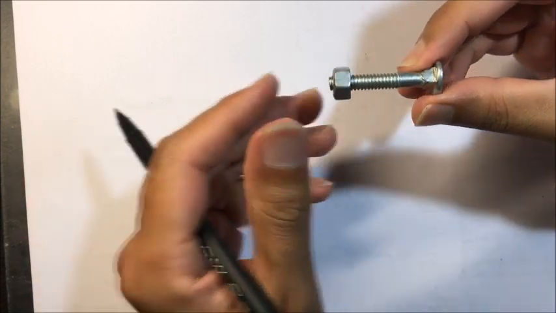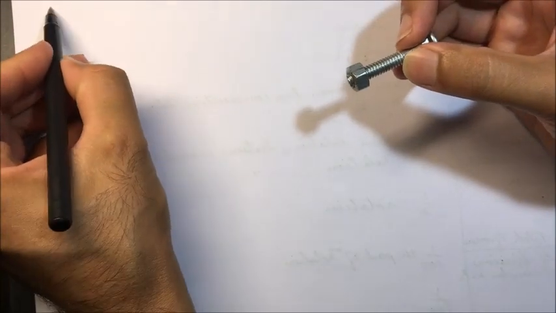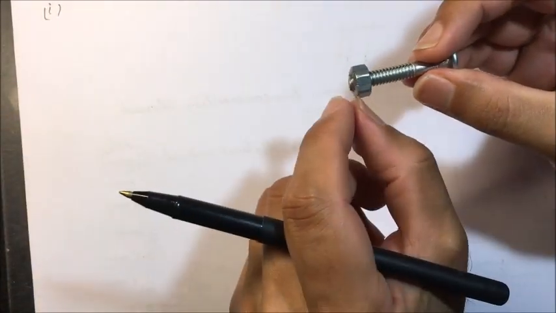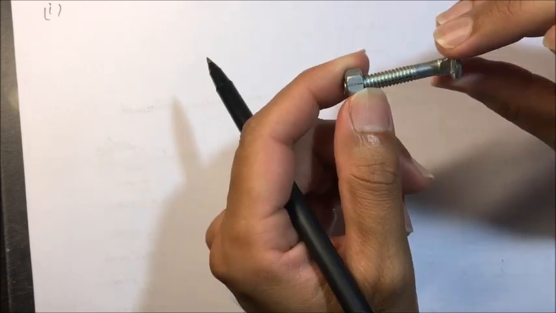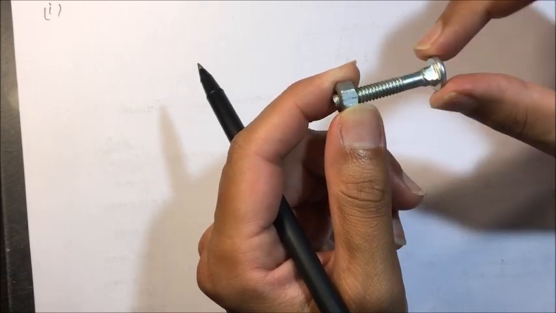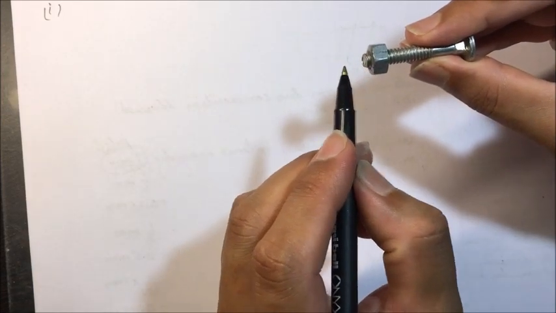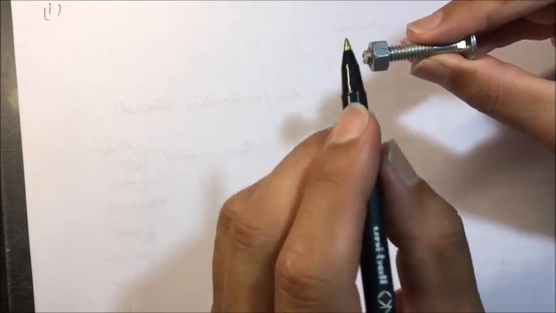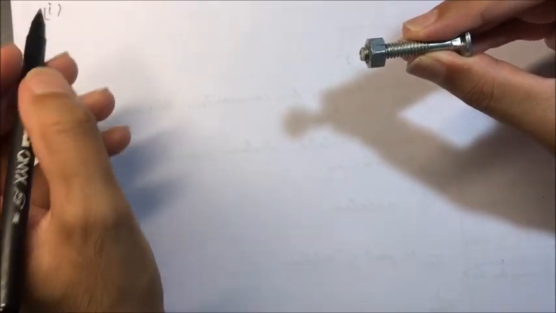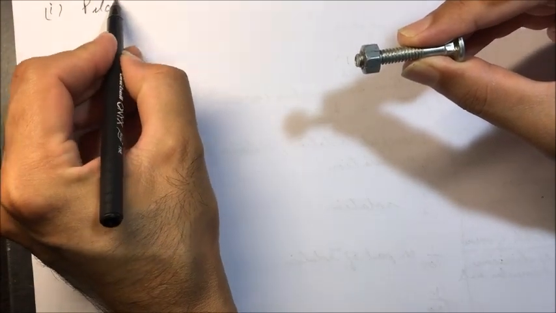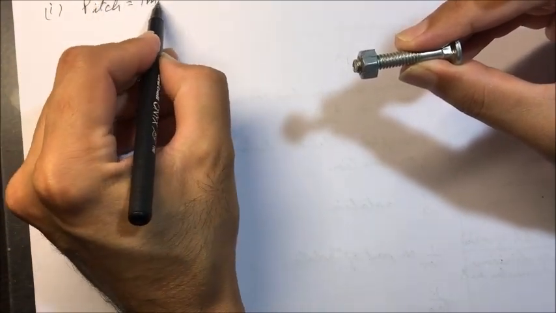Now we can take certain examples. For example, first, if the screw moves by 1 mm in one rotation, that is the linear distance along the axis, then the pitch will be 1 mm.